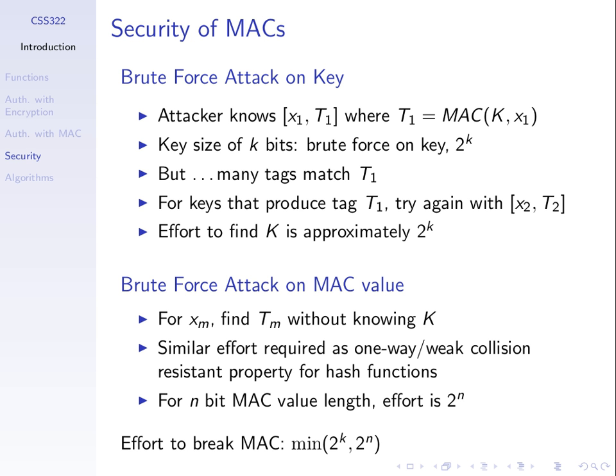Let's say the attacker knows this pair from previous communications, that there's been a message in the past, M1, that was sent and the corresponding tag was sent. We don't know what K was. So what the attacker does is to try all possible values of the key on this message M1 and see which one produces the tag T1.